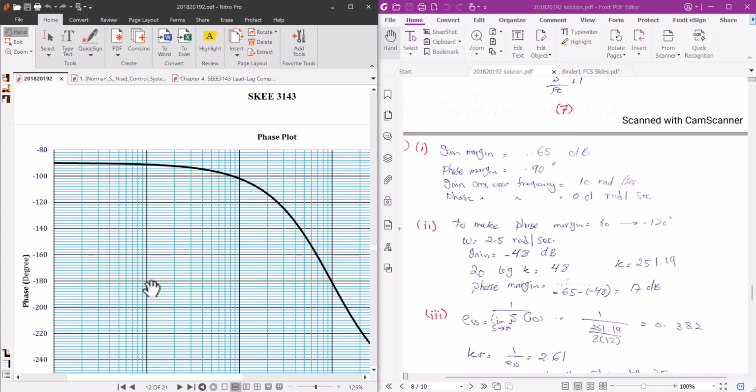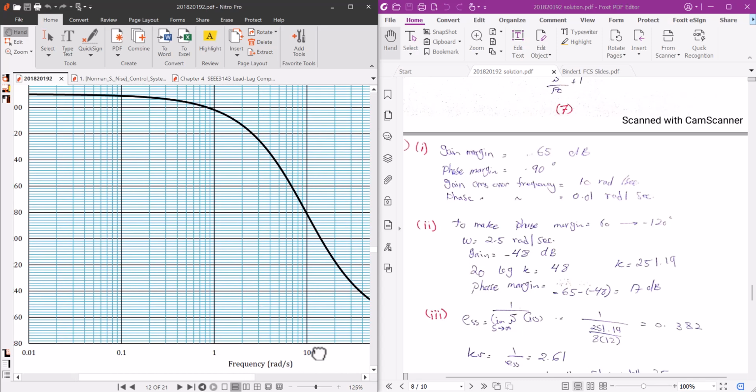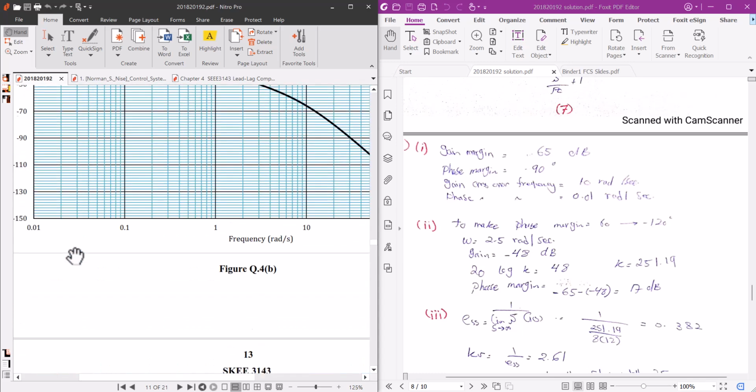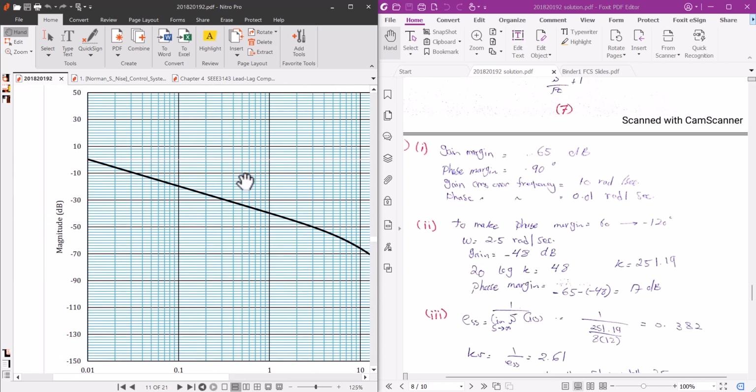And this is minus 180, and this is the phase crossover frequency. It's a little bit below the horizontal line, but we can say 10, though actually it's somewhat more than 10 radians per second. This is our phase crossover frequency. Okay, so next is gain margin and phase margin.